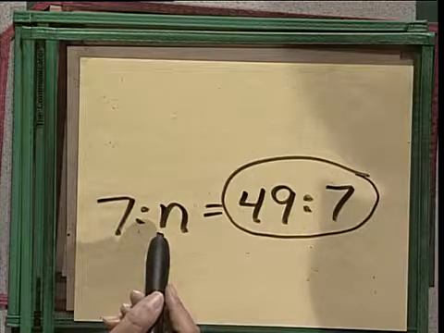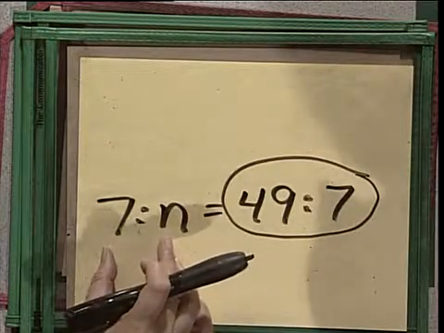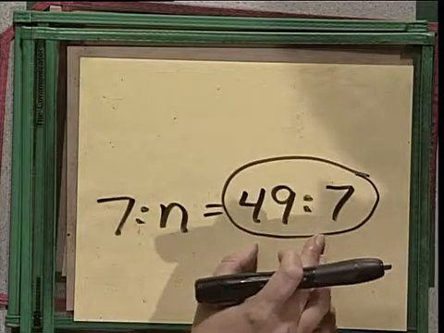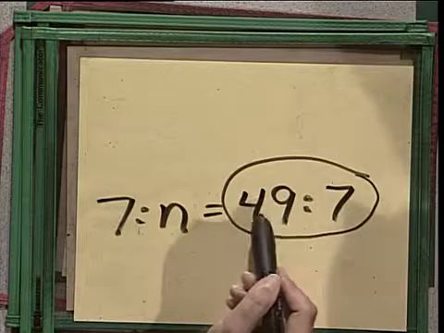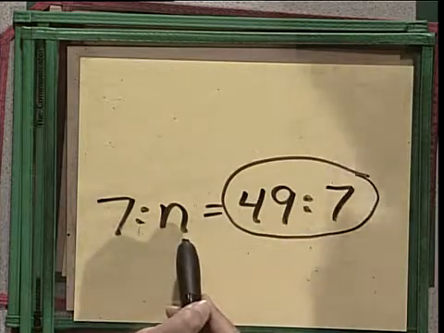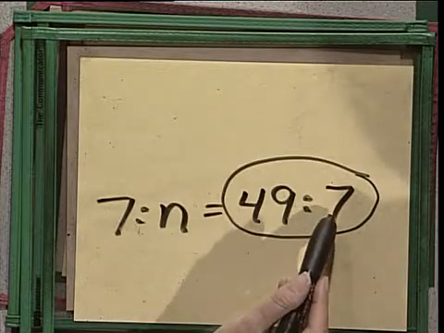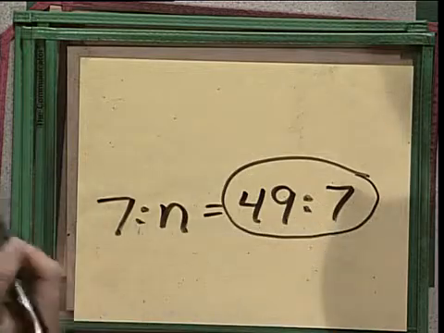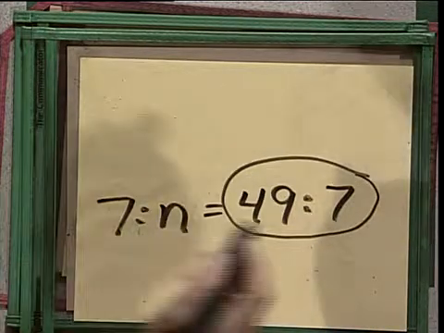What I like to do is, with ratios we want them to be the same. So we want to figure out the relationship between these 2 numbers and give it the same relationship over here. Does that make sense? Yes. Can you figure out the relationship between 49 and 7? 7 times 7 is 49.